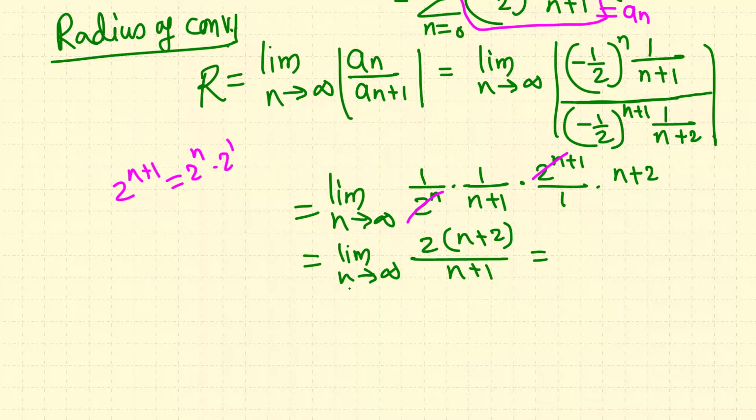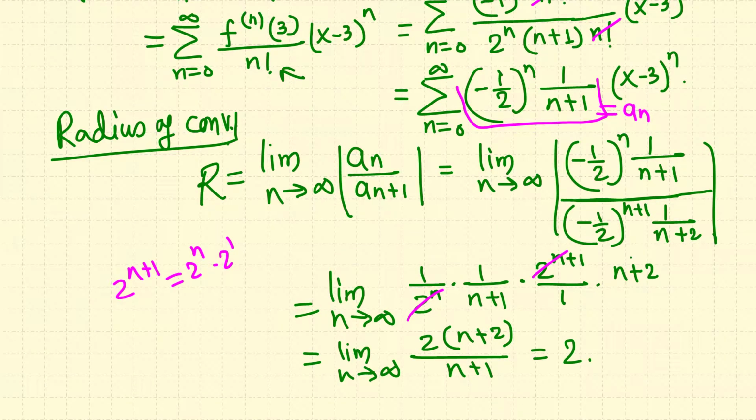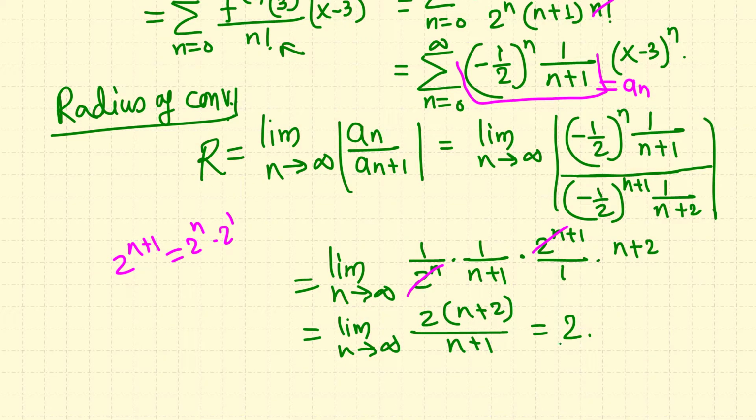When n goes to infinity, leading terms matter, so just 1, so this 2 can be pulled outside, so 2 times 1, so the limit is 2. That means from an application of the ratio test, we can find the radius of convergence is 2, center 3, and radius is just 2.